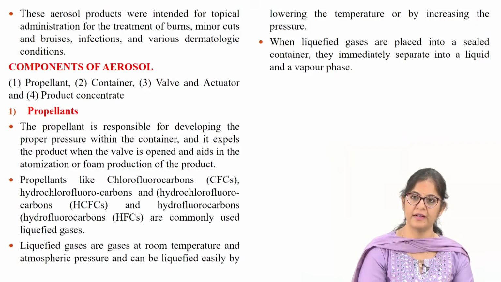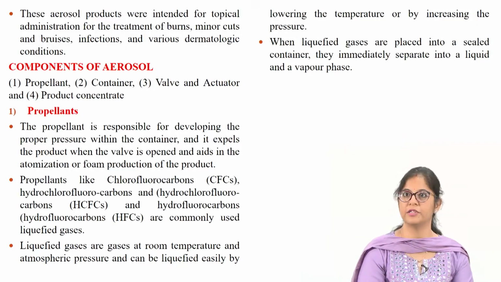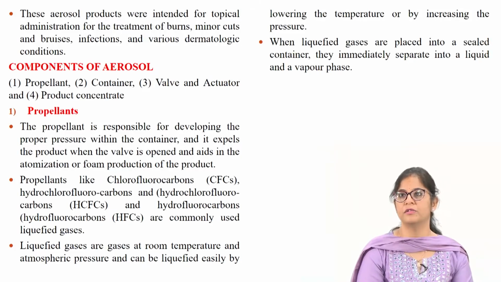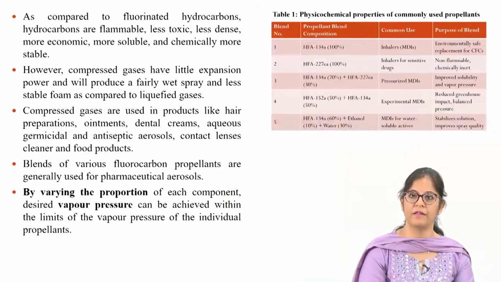So these are basically gases at room temperature, but they can be liquefied by variation of temperature or pressure. When liquefied, the gases are placed into a sealed container and they immediately separate into a liquid and a vapor phase.